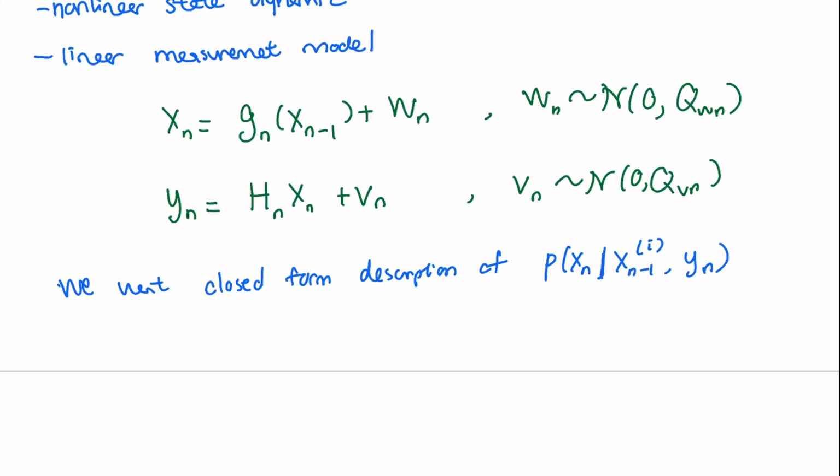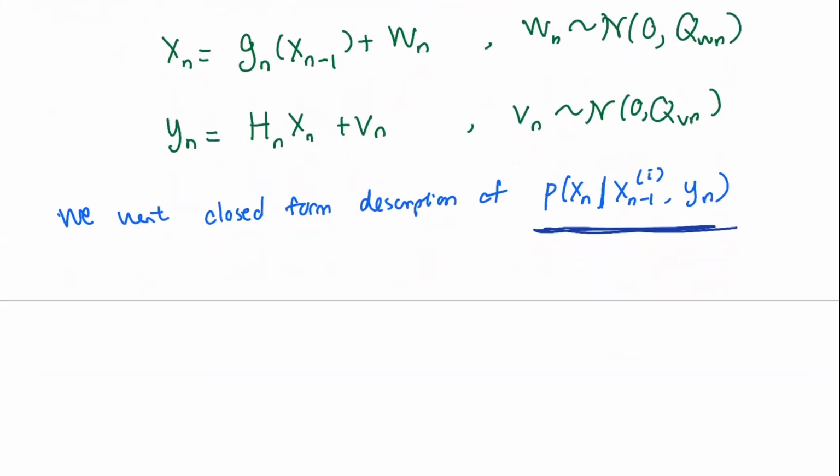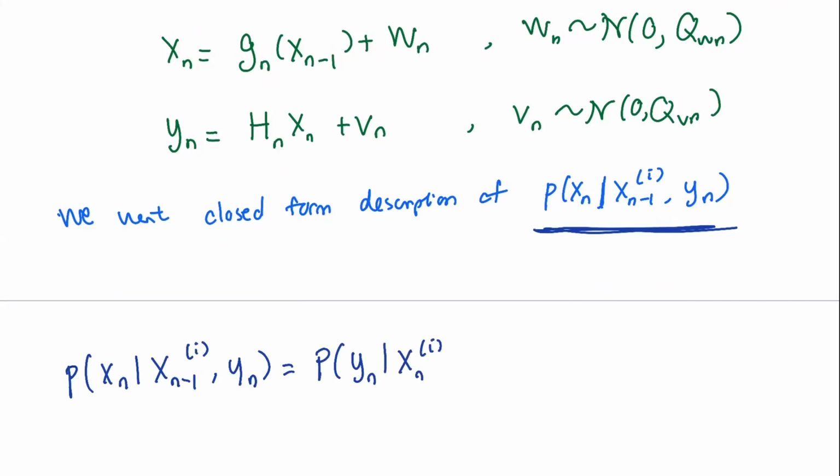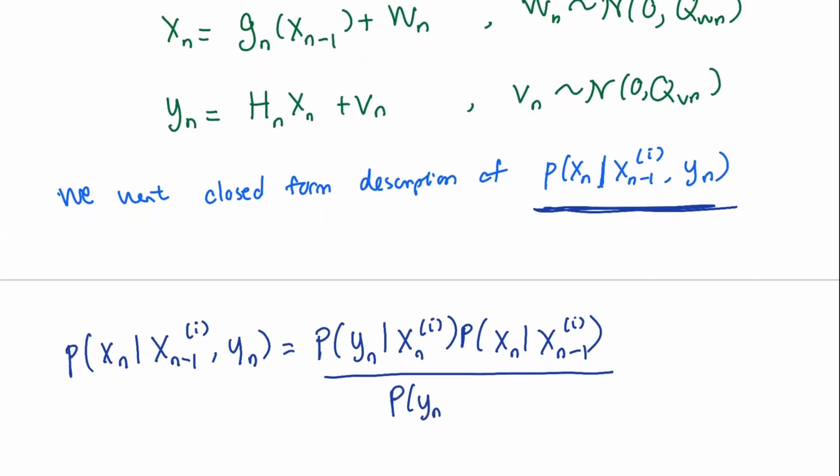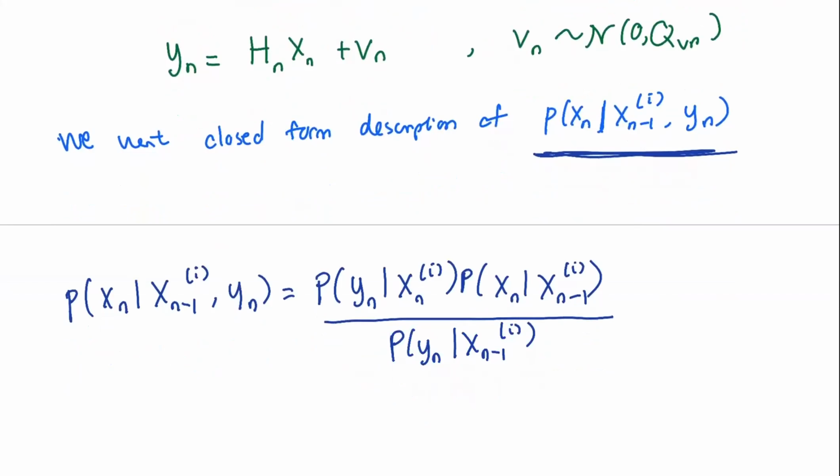So what we hope is to have a closed form for this. And in this very specific case, we actually can. But it's not trivial. So first, we have to use Bayes' rule. If we use Bayes' rule, we can actually write this this way, right?